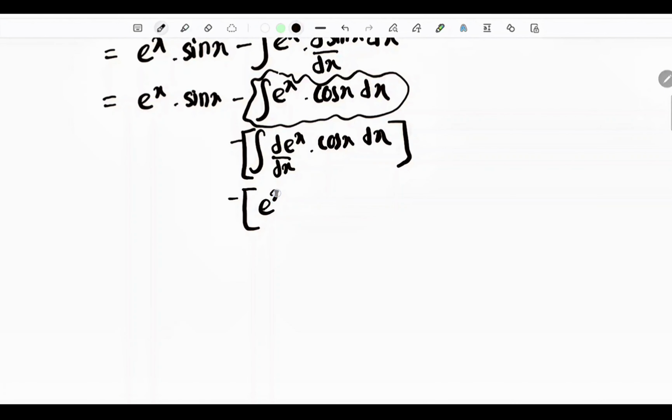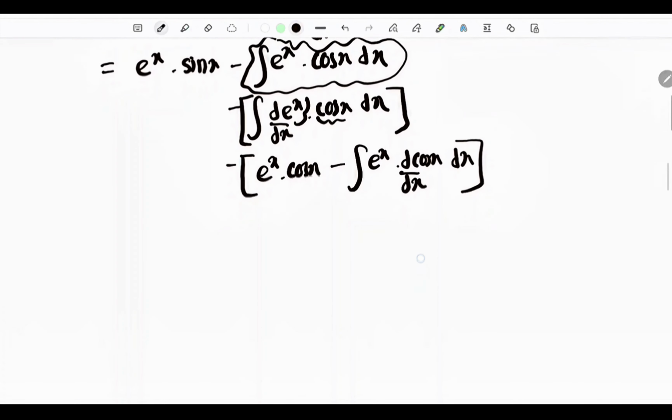So again, we can write e^x times cos x minus an integration, and we have to keep this e^x out of the differentiation inside this integration. It means this one was not differentiated, so now we have to differentiate this one. In this way, right?